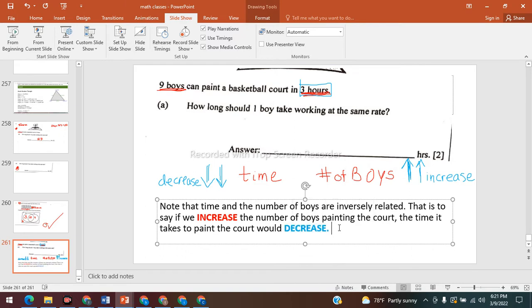And so they're inversely proportional. If you increase one, the other one would decrease. If you decrease one, the other one would increase.